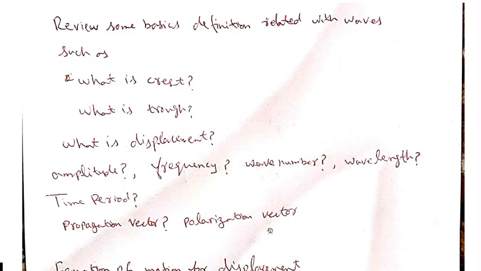Now, you have to study all these basic definitions and all other definitions which I did not write here related with the waves from your previous study, from anywhere, by using any book. That would review your basics of the wave.